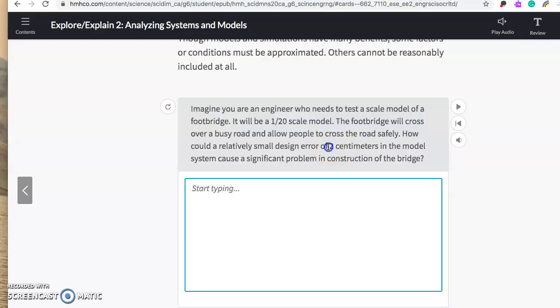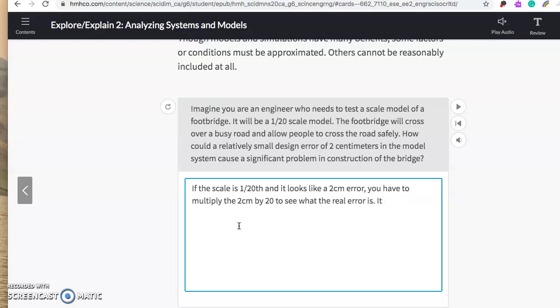Okay, so an error of 2 centimeters. How does that cause a significant problem? Well, the scale is 1/20th. So if the scale is 1/20th and it looks like a 2 centimeter error, you have to multiply the 2 centimeters by 20 to see what the real error is.